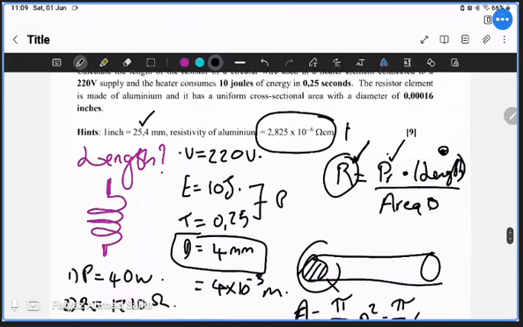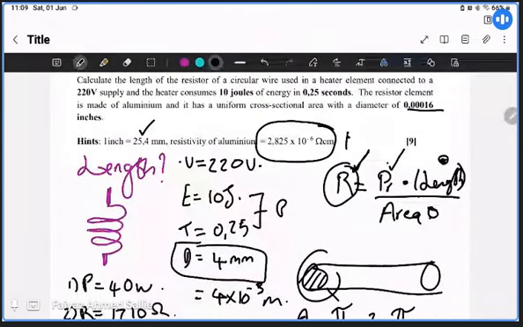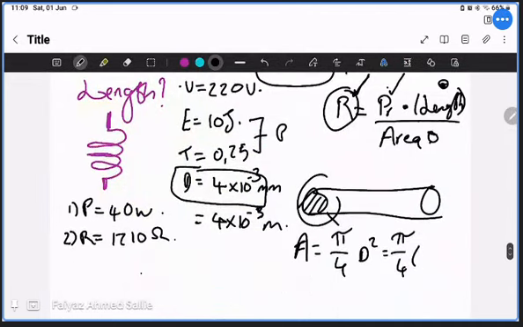Sorry guys, let me just check the conversion of this, 0.016 multiplied by 25.4 equals to, oh sorry guys, so this question here, it's actually times 10 to the minus 3 millimeters.